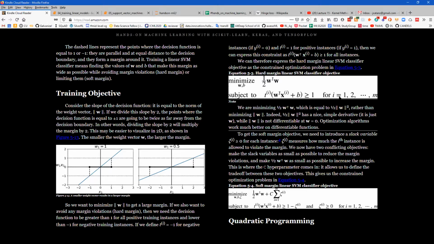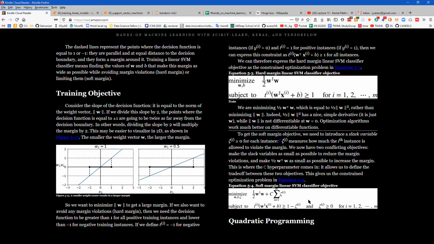In this case, a linear constraint, linear in the parameters W. So it's basically a quadratic minimization problem with a linear constraint. The soft margin problem is also a quadratic minimization because we're minimizing a quadratic function, and it still has linear constraints.